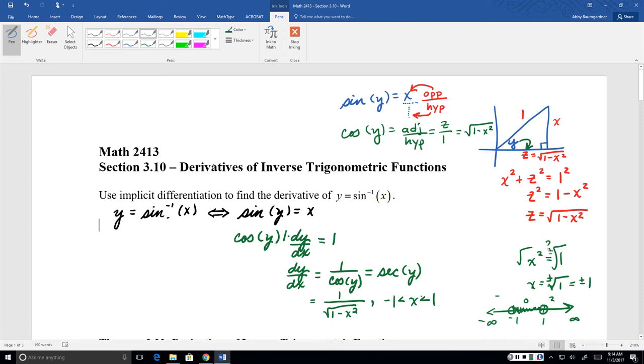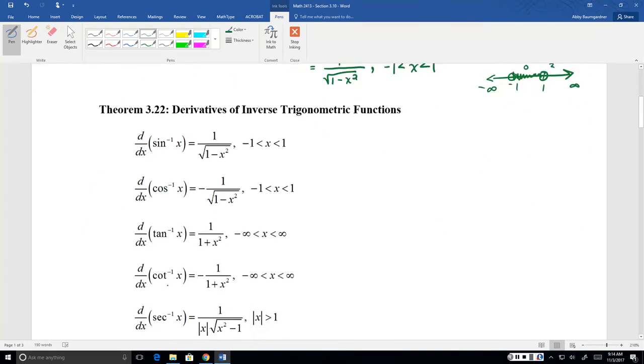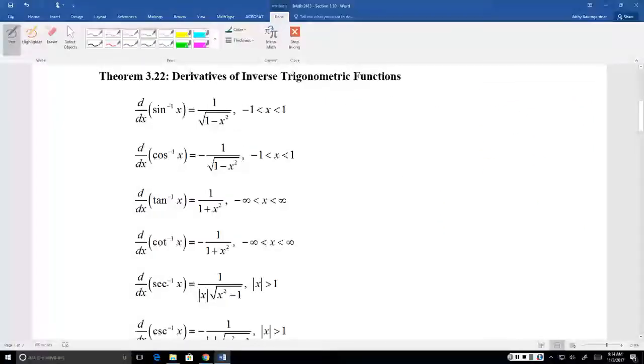So we're stating here 1 divided by square root of 1 minus x squared, provided that x is between negative 1 and 1. All right, well that actually is the derivative of sine inverse, and here are all the derivatives of your inverse trigonometric functions. I'm going to point out that you really only have to memorize 3.